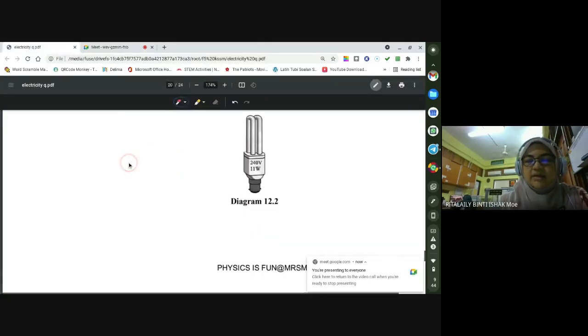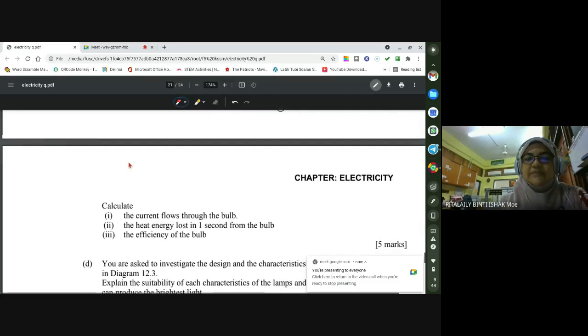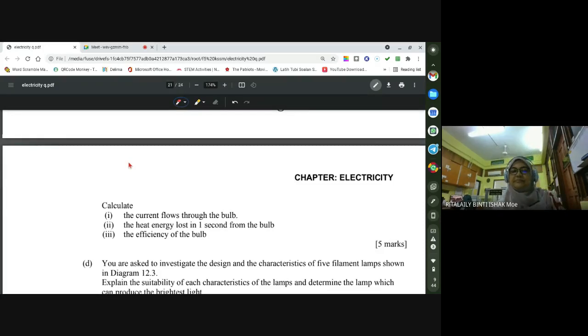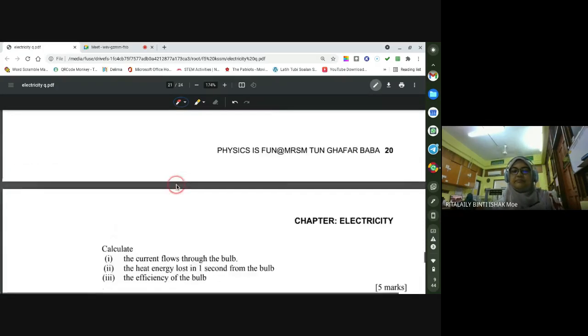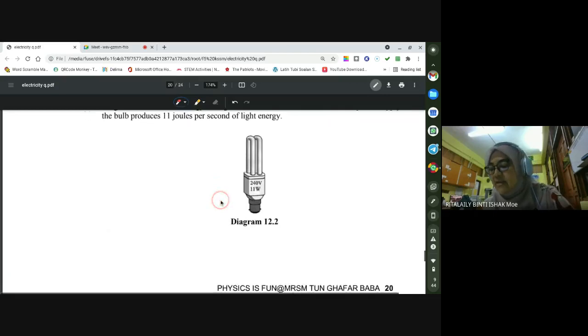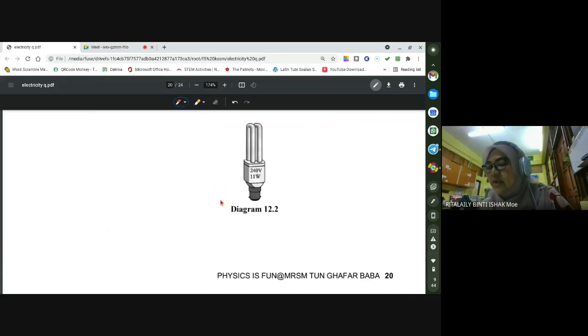What is the answer for C? You are to calculate current, heat energy loss, and also the efficiency of the bulb. For number 1, for the current, we use the formula P equals VI, and the current is 0.05 ampere.